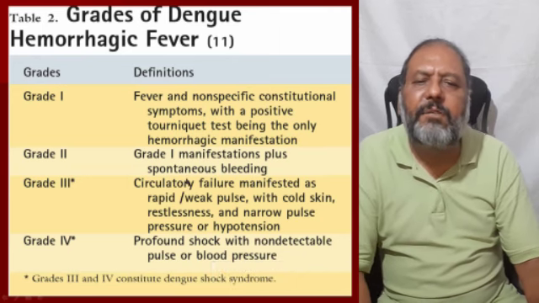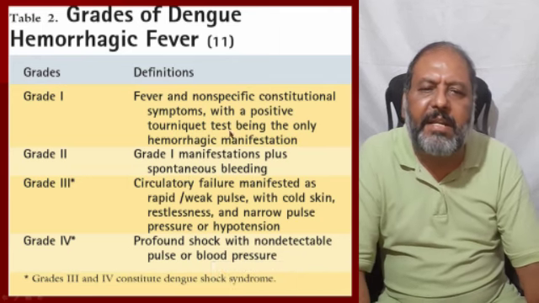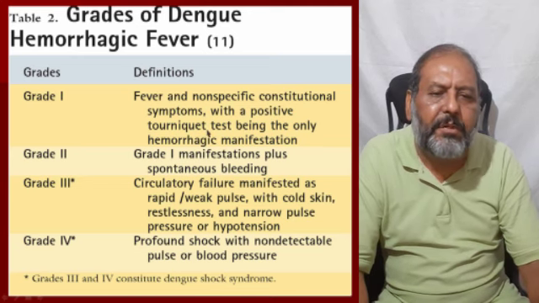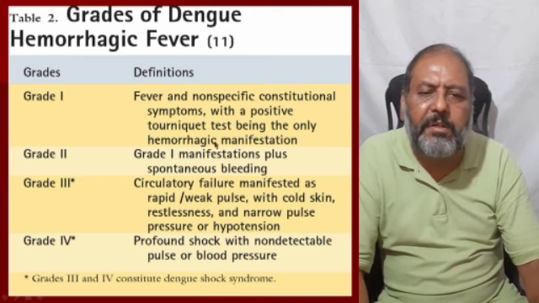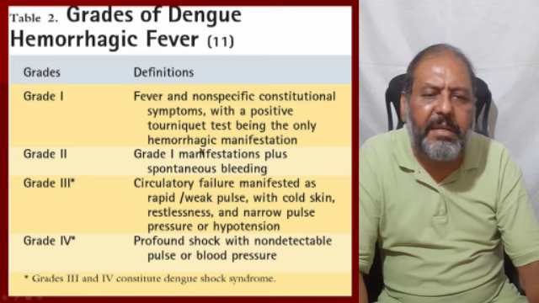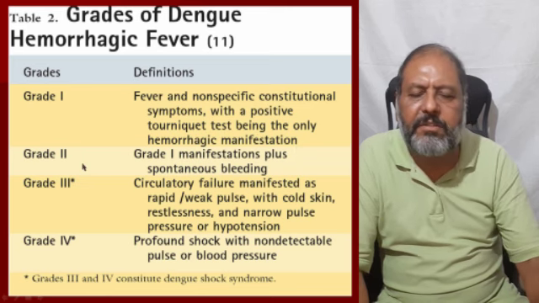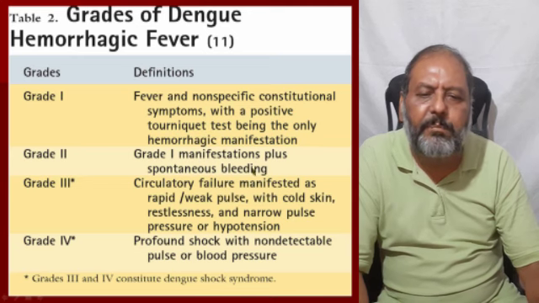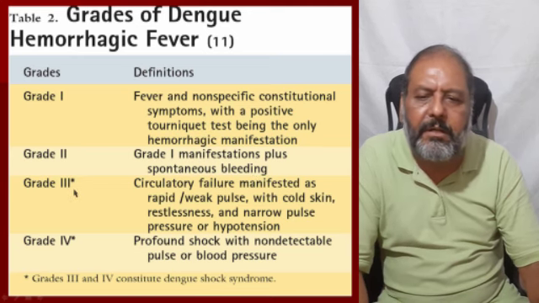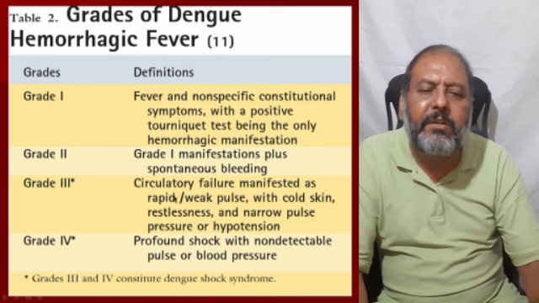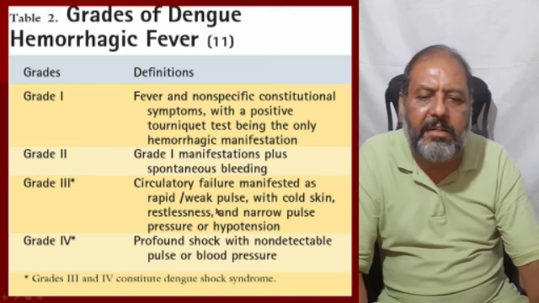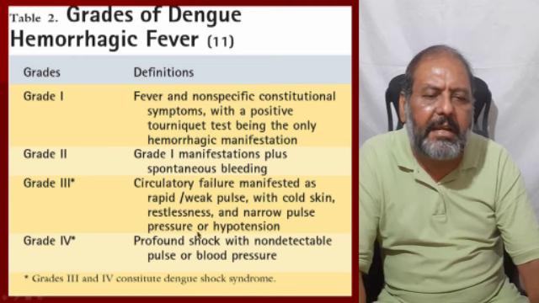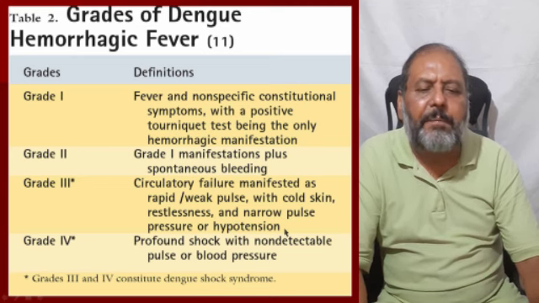Now, grades of the dengue hemorrhagic fever. These are: grade 1, fever and non-specific constitutional symptoms with the positive tourniquet test being the only hemorrhagic manifestation. In grade 2, grade 1 manifestation plus spontaneous bleeding occurs. In grade 3, circulatory failure manifested as rapid weak pulse with cold skin, restlessness and narrow pulse pressure or hypotension.